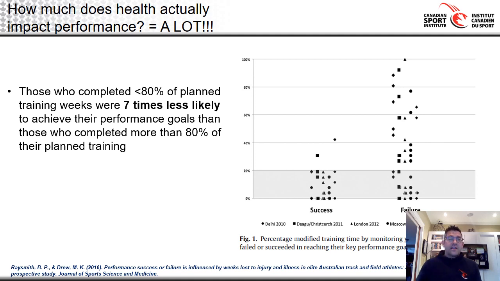Those that completed less than 80% of planned training weeks were 7 times less likely to achieve their performance goals than the athletes that completed more than 80% of their planned training. So training availability, especially at greater than 80% of planned, is incredibly important to achieving your performance goals.